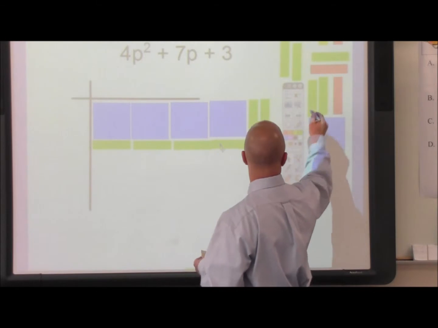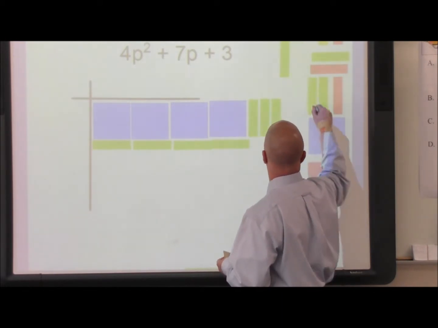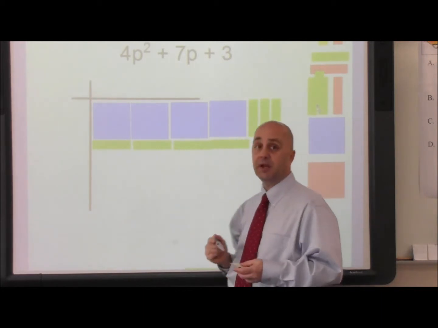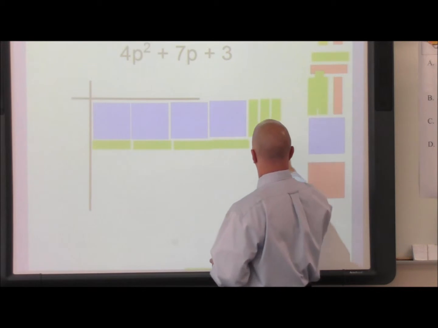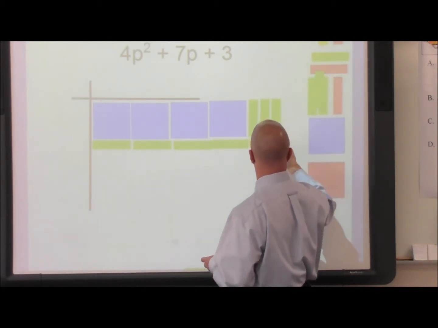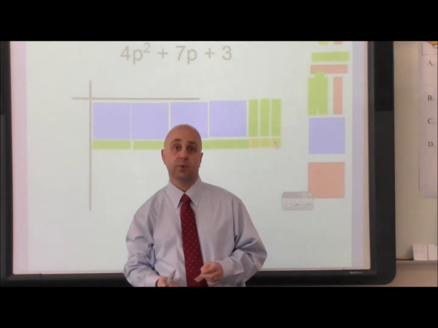So if I grab another one and I put it over here, get rid of those guys. Okay, and then I'm going to need some 3 1s for this part right here. So if I put a little yellow square here, here, and here, now you can see that's a perfect rectangle.